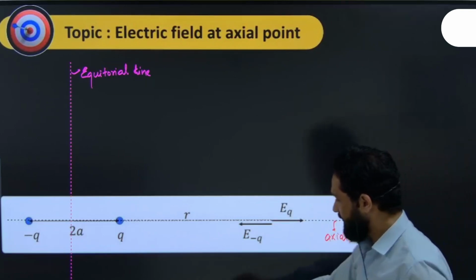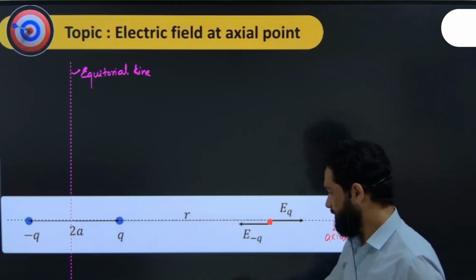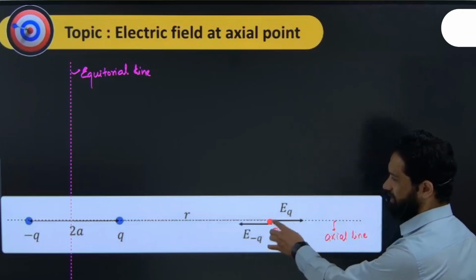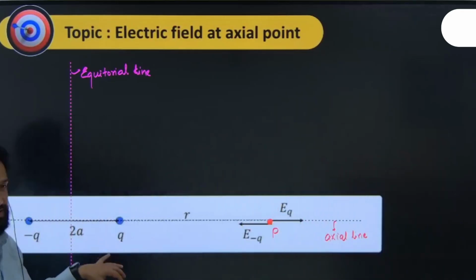First case is, what is the electric field at an axial point, on this axis? Suppose I have a point P here. What is the electric field at point P? The electric field can be only because of the positive as well as negative charge.